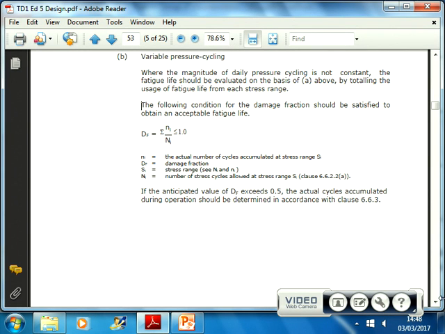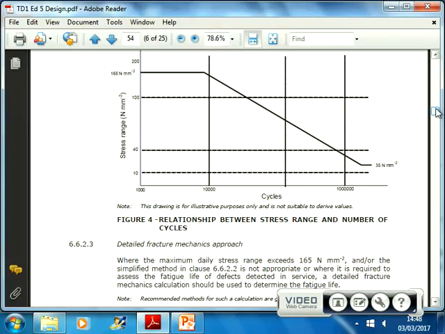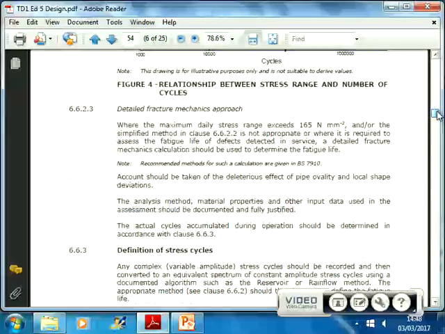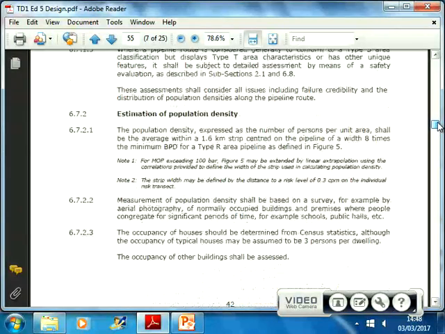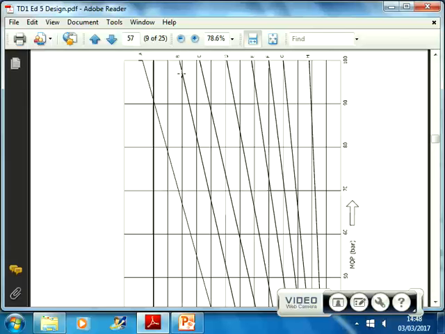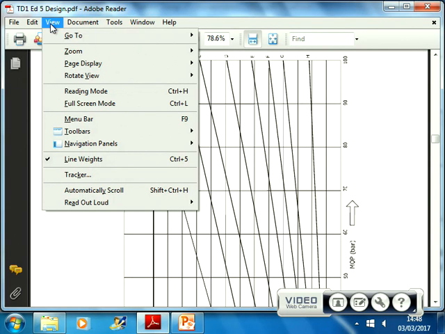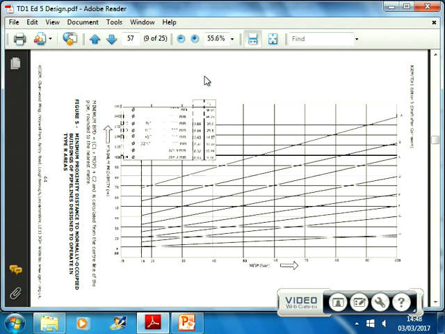Right, the next thing that you need, so there's the fatigue curve that you need to use. So I think all of the information on doing the fatigue analysis is there. The other thing that you need to do, while the proximity distance is shown on the maps, I do want you to calculate the proximity distance for the pipeline.